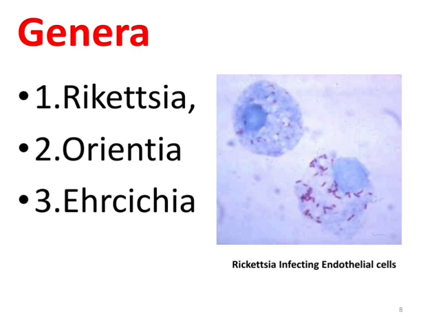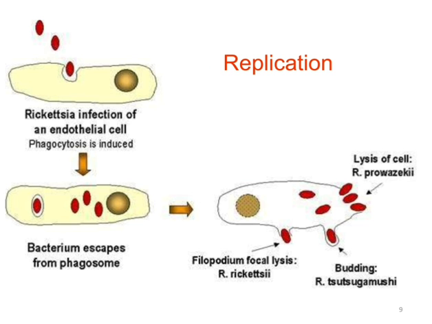This figure is a micrograph showing Rickettsiae infecting endothelial cells. The mode of replication is as follows: in a normal endothelial cell, Rickettsiae infection begins when the Rickettsia first adheres to the endothelial cell.